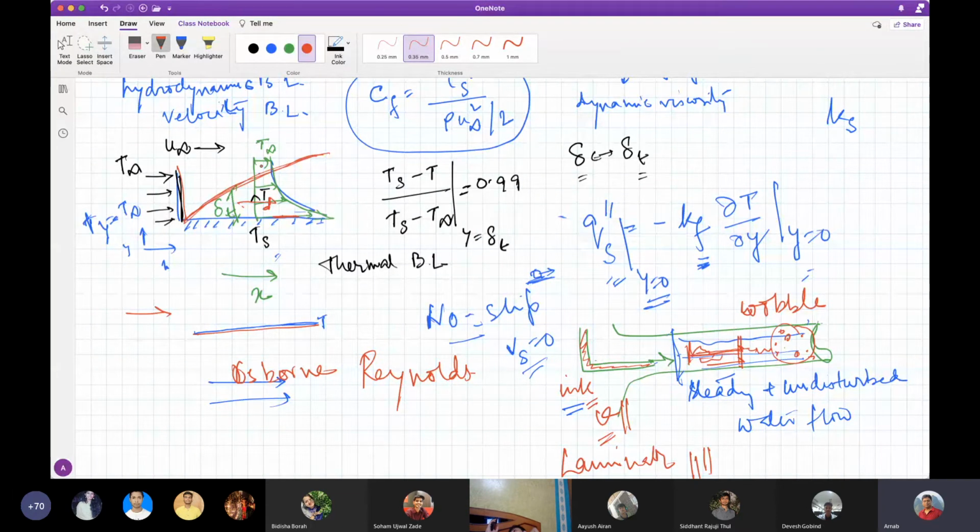What will happen in that case if you inject that fluid at a very low velocity? The lower surface will stick to the drainage wall, and the upper will have a kind of free stream velocity. But down the line, after a certain length, the flow may stop. Did you get the point?